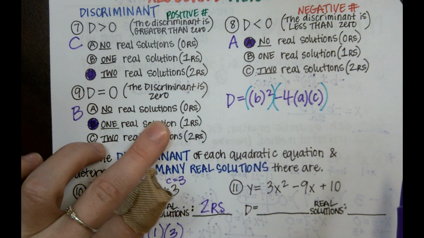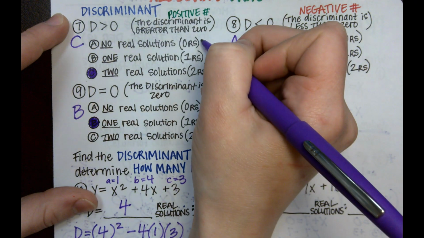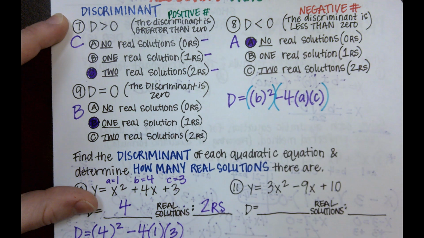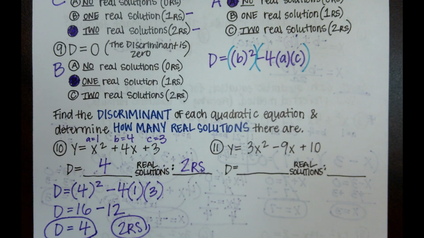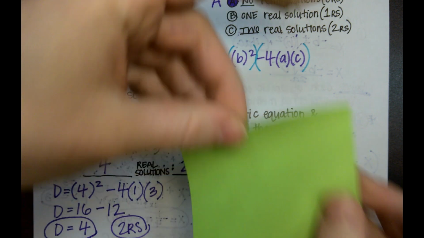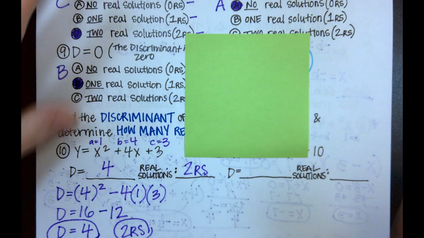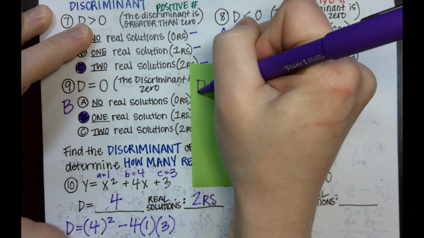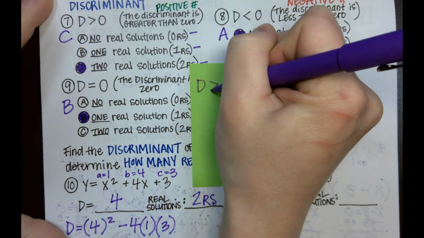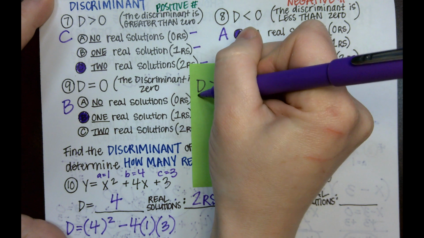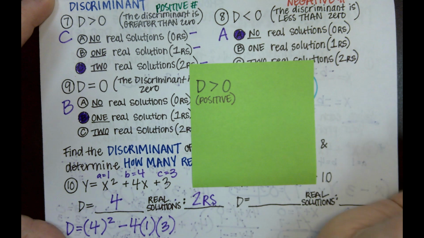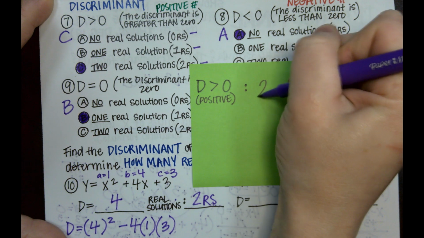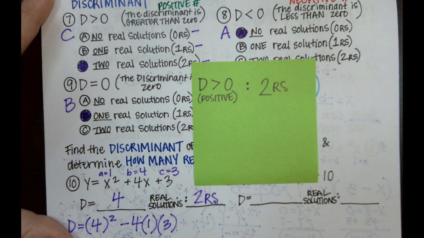Your only options for real solutions are either 0, 1, or 2. So we could even make a little key out to the side. Here, I'll get a sticky note. Whenever the discriminant is greater than 0, or positive, there are two real solutions.